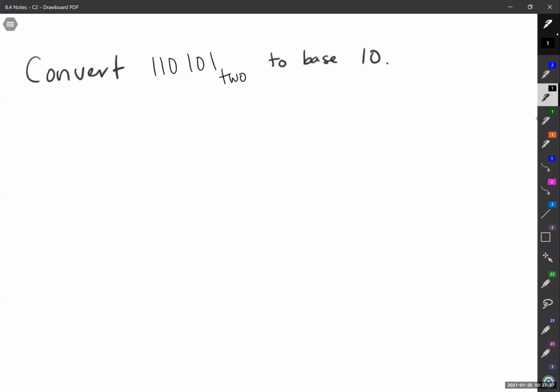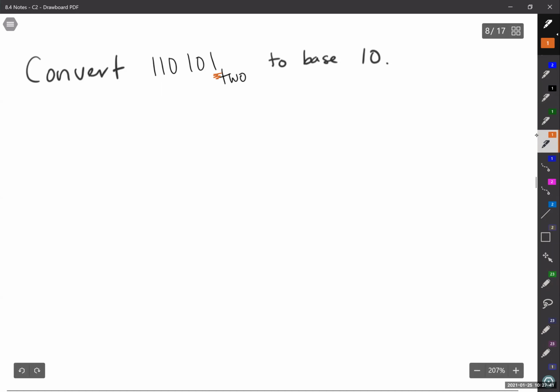So as I work on this one, spot the beginning point farthest to the right, and it's a 1. But since it says base 2, that has to be paired with 2 to the 0.